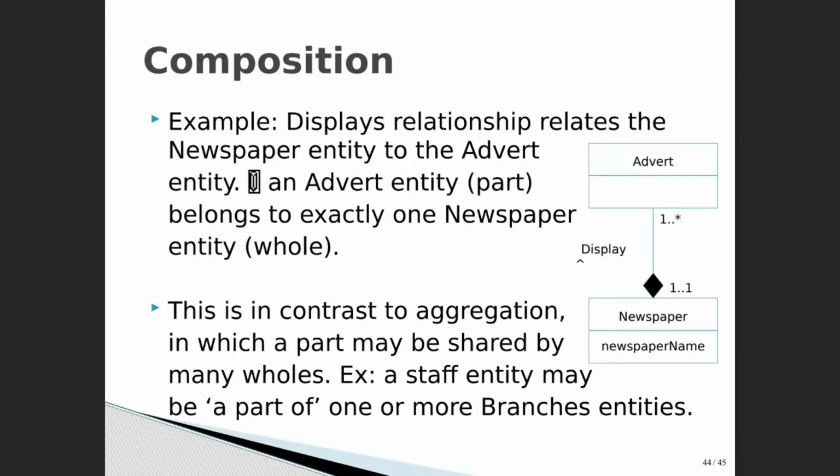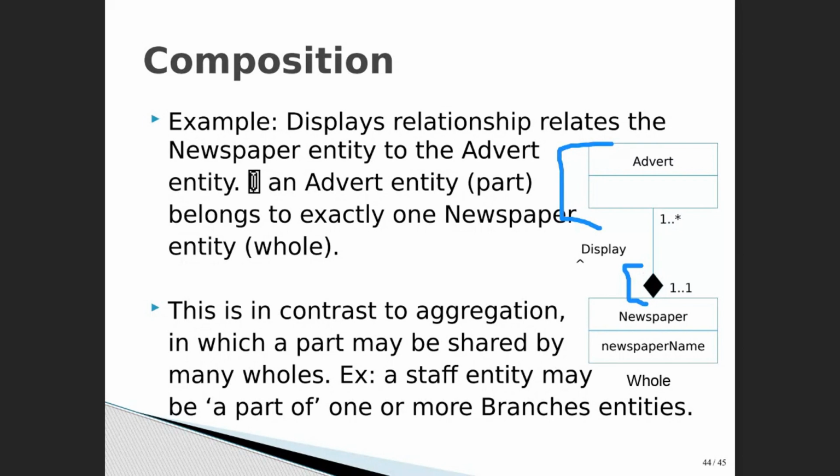See here, for example, how we can represent the composition relationship. This is the filled diamond shape, representing the strong ownership between the newspaper and the advert. Without the newspaper, there will be no advert. So newspaper is the whole, which owns the part, the advert or advertisement.